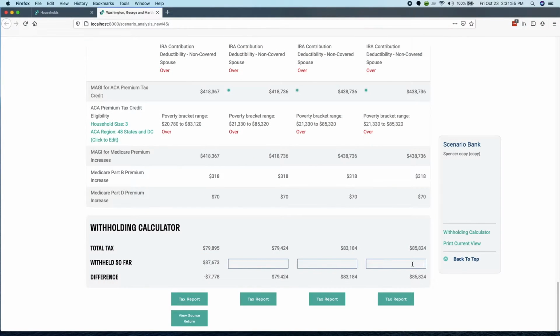Item 3A, I'll call it 3A rather than its own item, it's kind of related to the last one, is if you have a client who is pulling significant amounts out of retirement, you can actually use the scenario analysis screen to determine how much to withhold on those withdrawals. And in some cases, I certainly had this in my old firm, we actually were determining for the whole year how much the estimated tax should be, and the entirety of their estimated taxes we covered through withholding.